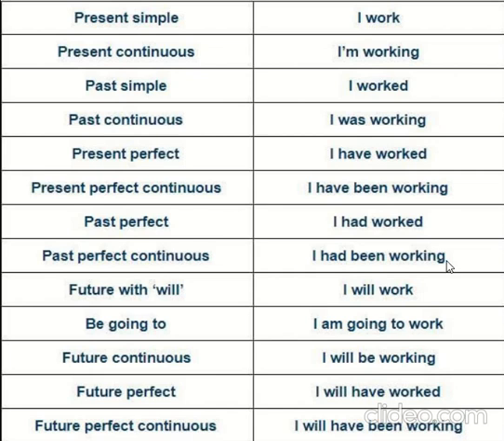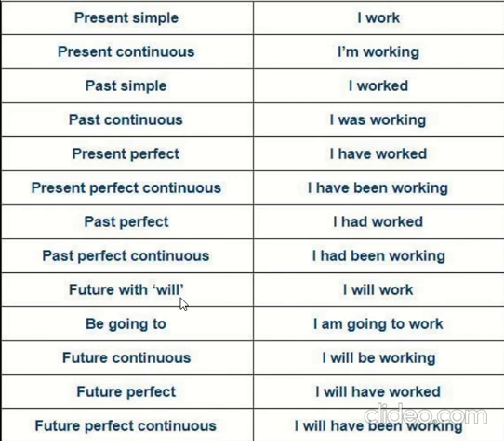So we add ing, and every time you add ing, you put in the word been. Right? So this reads as I had been working by the time I went to sleep at night.